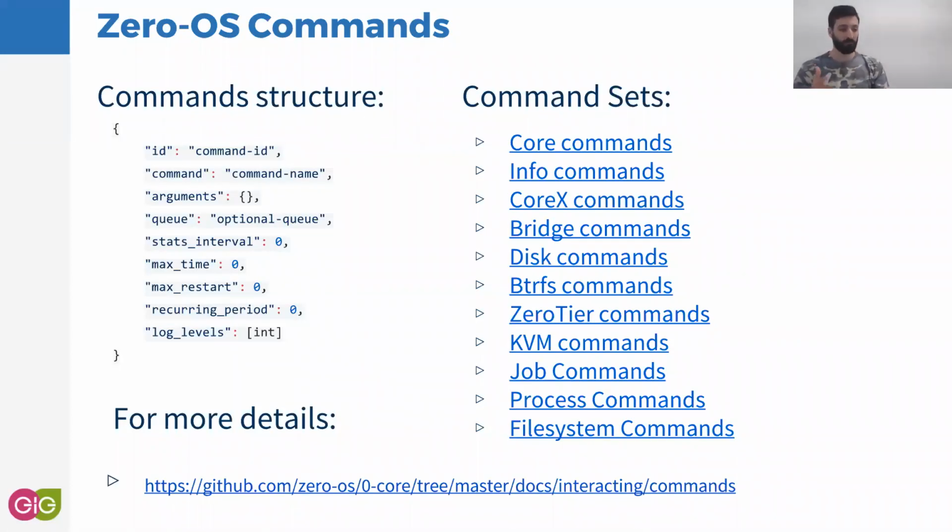The idea is that you send commands, and the commands are always in the structure that you see to the left. You specify a command ID, a command. Depending on the command you use, you typically can send a lot of arguments, and then there are all kinds of other parameters which are quite straightforward. One of the last ones is the log levels. That's certainly also one of the things for which you will for sure later organize a specific session explaining how to monitor ZeroOS and how you can control the logging of the system.